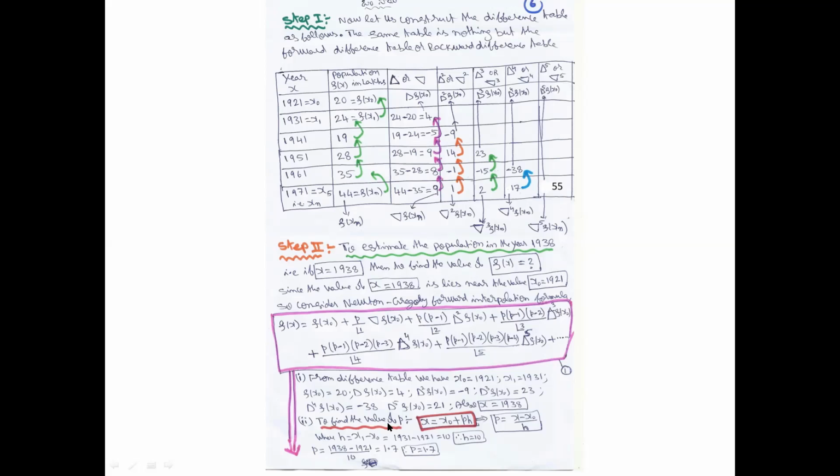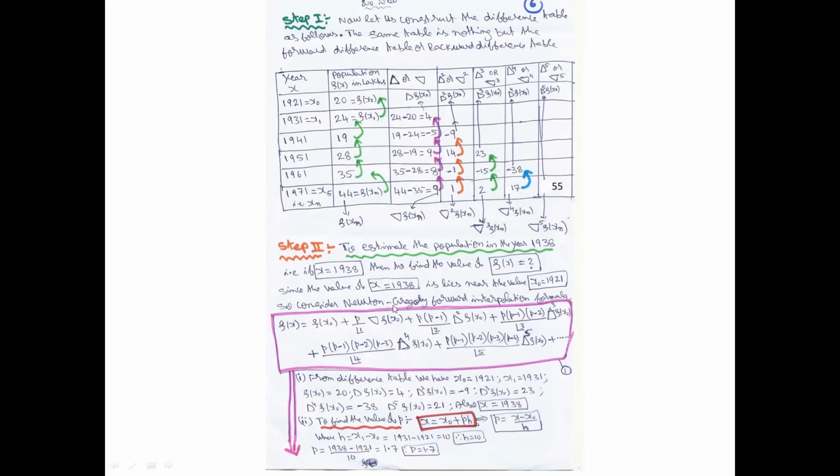Let us see how to find the value of p involved in this formula. To find the value of p, the formula is x equals x naught plus ph for the Newton-Gregory forward interpolation formula.